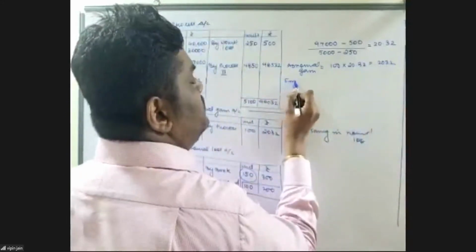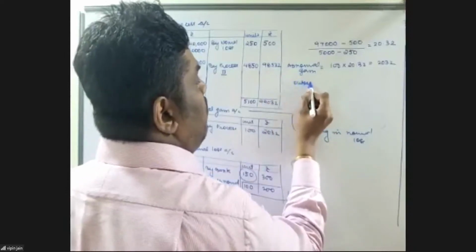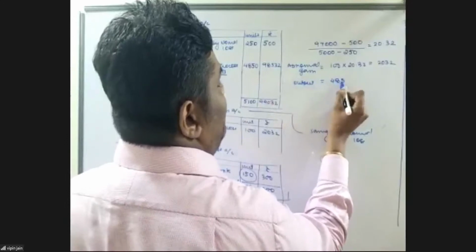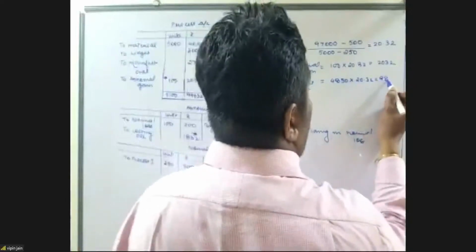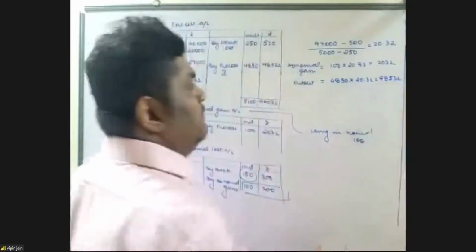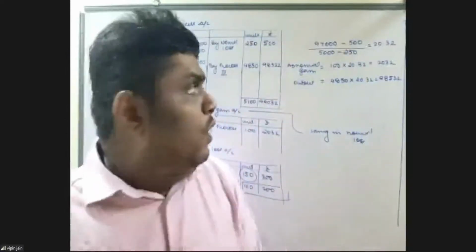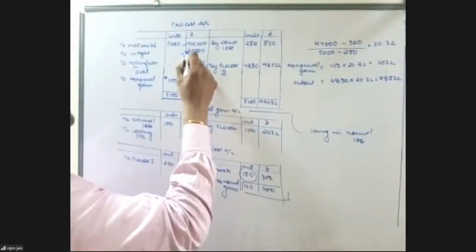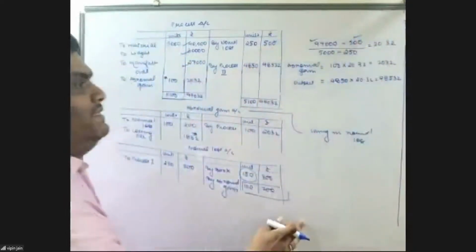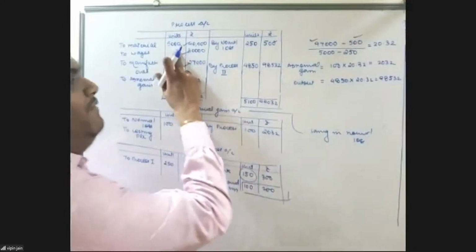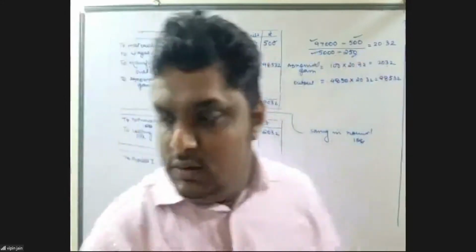When talking about the finished goods output, 4850 into 20.32. When talking about the process cost, it is 40 plus 30 plus 27, that is 97,000, minus 500, that is my scrap value realized on sale of normal loss, divided by 5,000, which is my input minus 250, which is my normal loss.